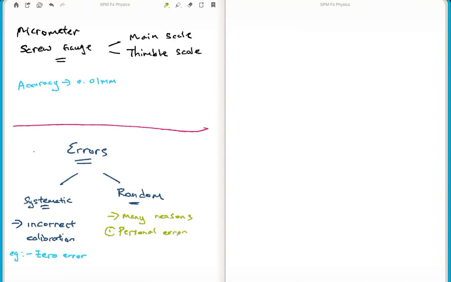Personal error, like for example, the parallax error. I hope you have heard of this word, parallax error, where the position of your eye is not at the zero, or perhaps at the meniscus in the water, perhaps in a cylinder tube. The position of your eye is supposed to be perpendicular to the lower curve of it, where it curves.